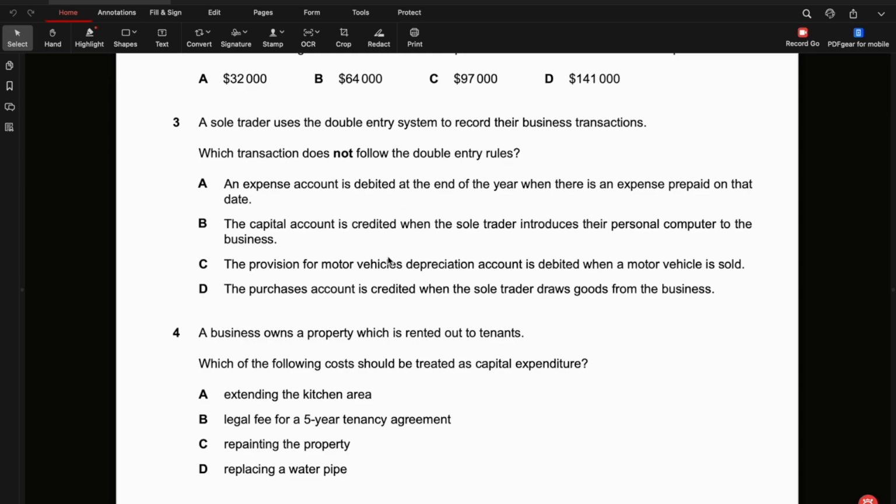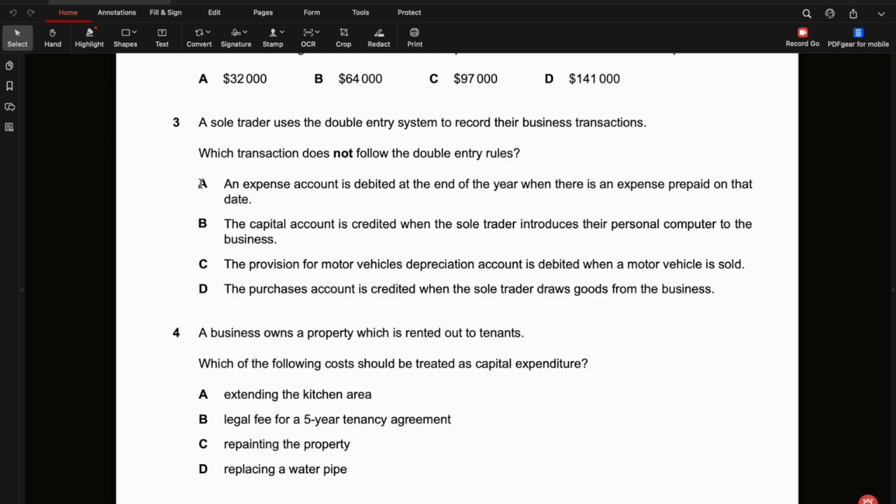So right answer here is number A, because this expense which we debited is not for this year, it is for next year. So it should not be recorded in my expense account. Okay, and if you remember, when we prepare the final account, the prepaid expenses would be subtracted and accrued expenses needs to be added.